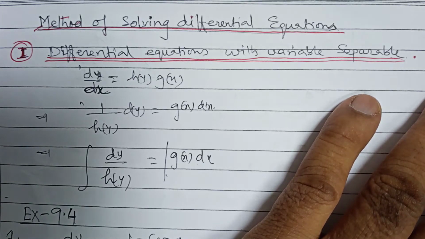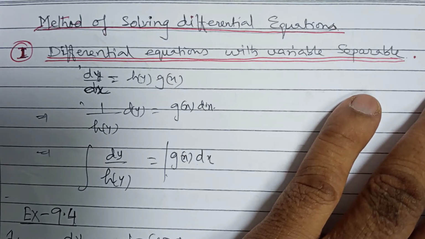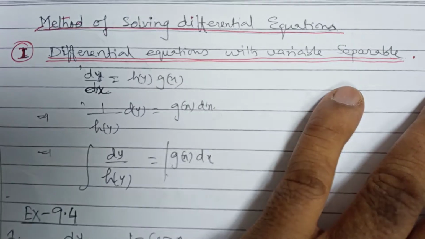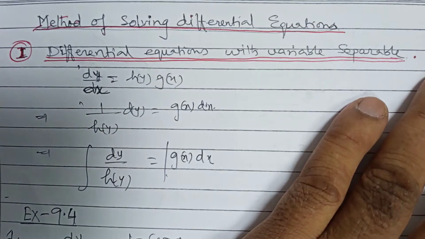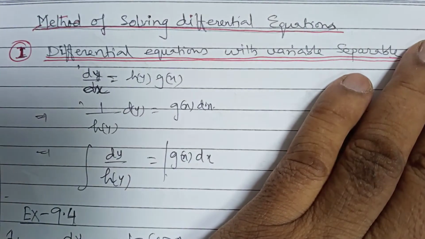Now see, we are now doing differential equations with variable separable. We are going to solve, meaning from the differential equation to the general equation or particular equation. That is called solving. How will we solve? By integrating.